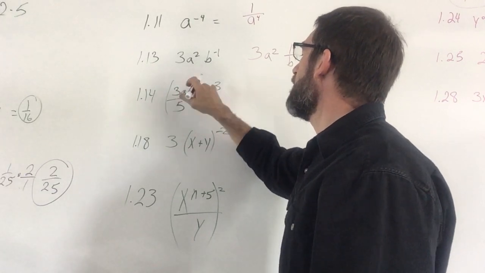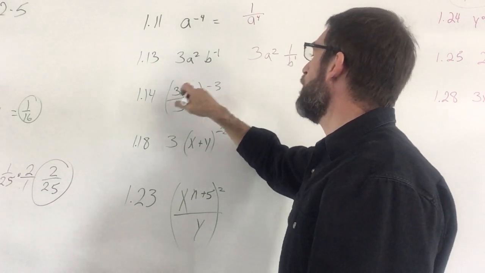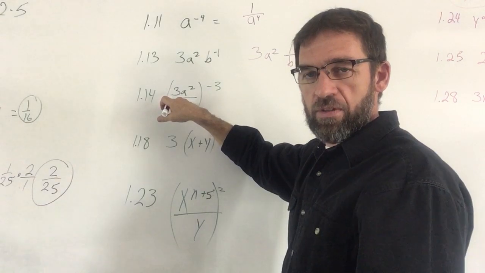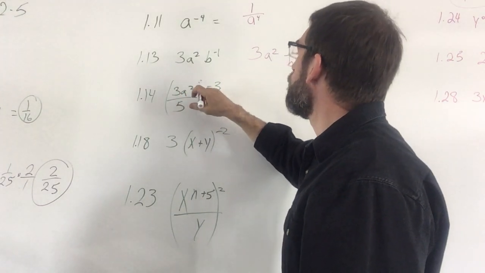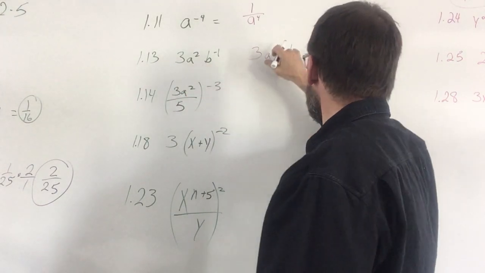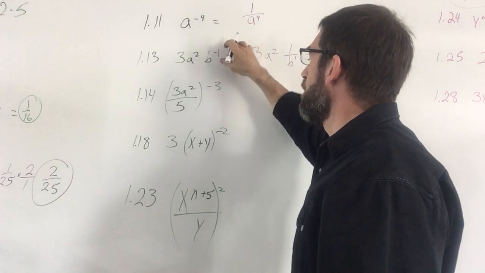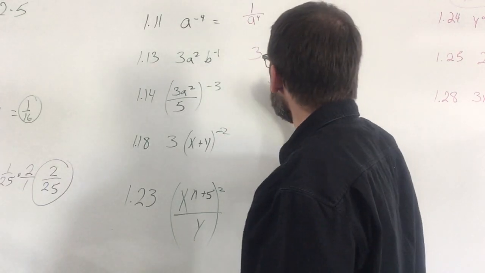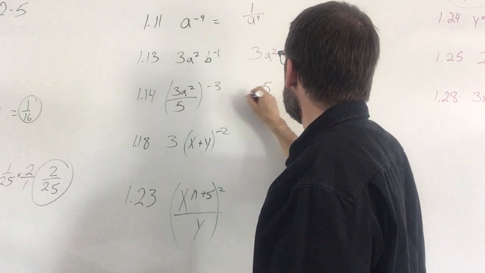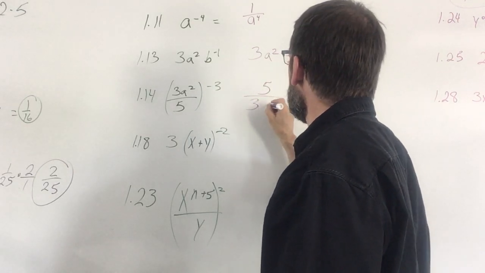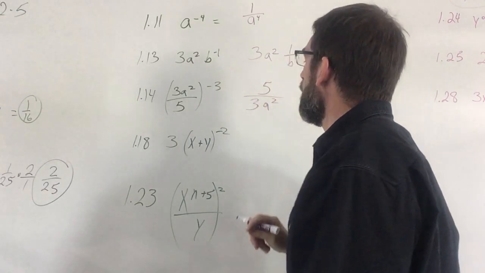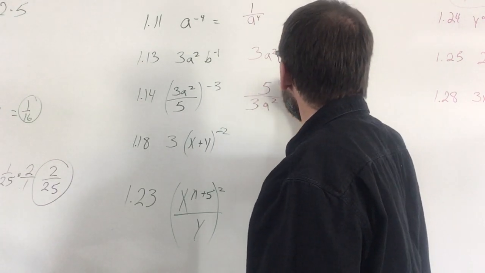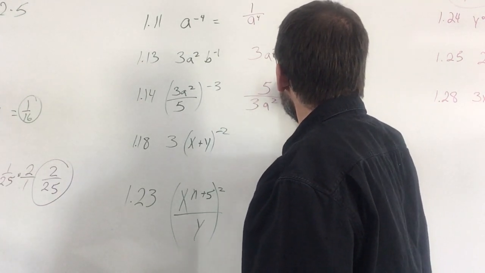I'm multiplying a negative exponent times a fraction. When I have this here, normally I put 1 above it, like the b, I put 1 above it. Now you flip this whole fraction. You have 5 on top, 3a squared on bottom, and then it's a positive 3.